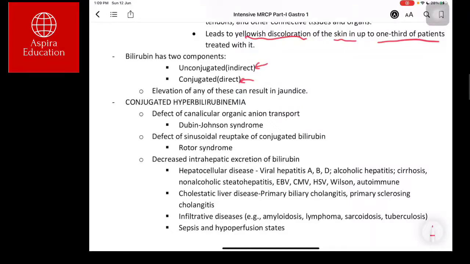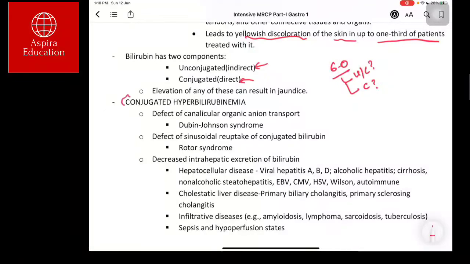Once it reaches the liver, the liver takes it through some chemical processes and it becomes conjugated bilirubin, which is combined and made water soluble. Either of them can rise, leading to jaundice. So, as a detective, whenever somebody tells you that the bilirubin level is 6, you must ask which fraction is elevated. Is it the unconjugated or the conjugated?